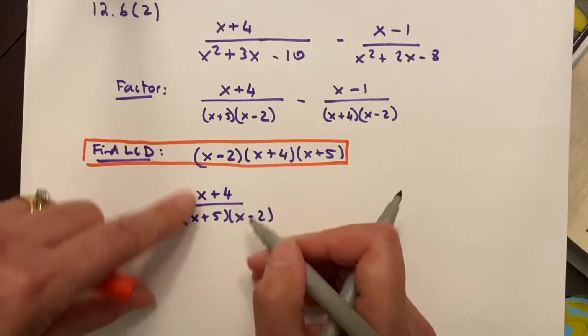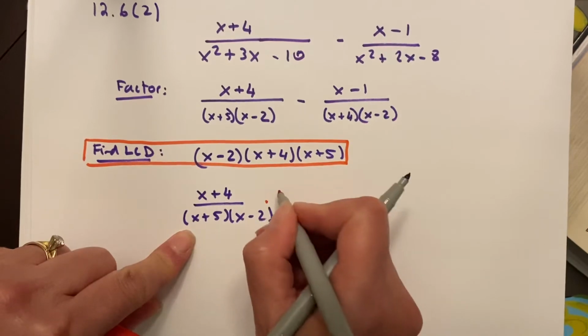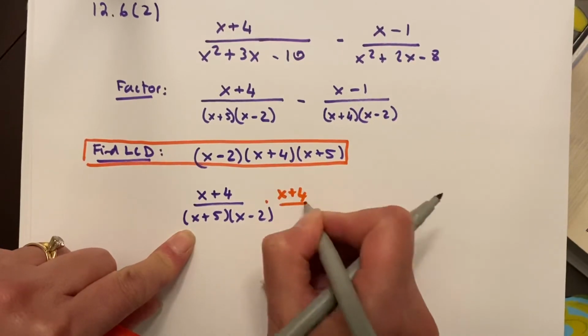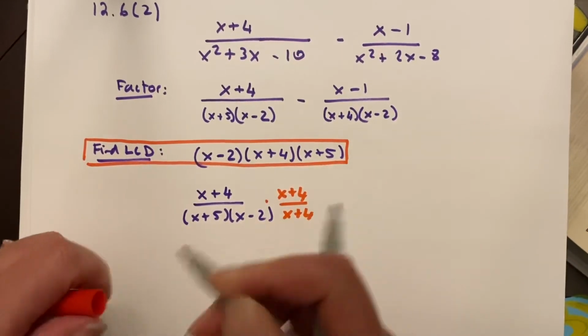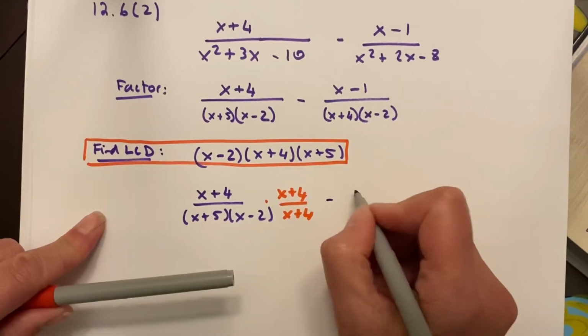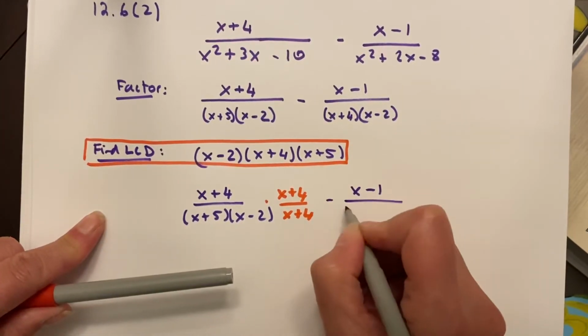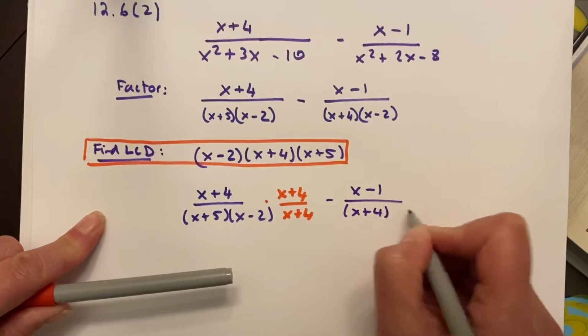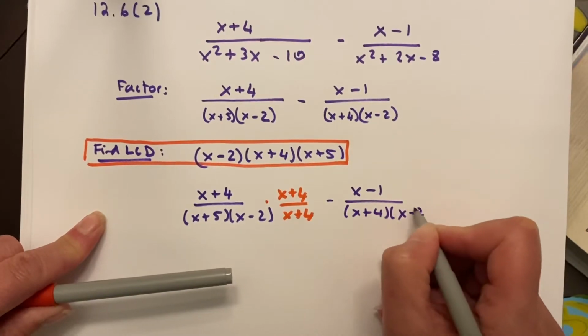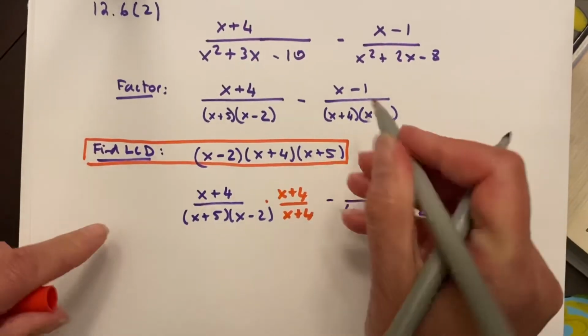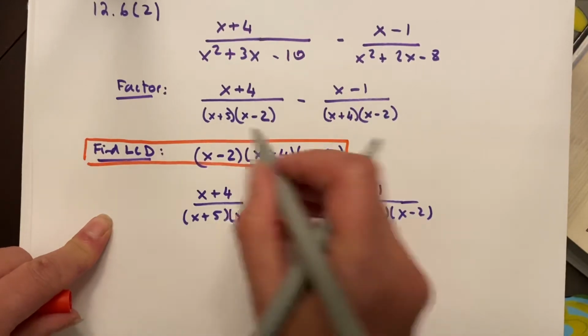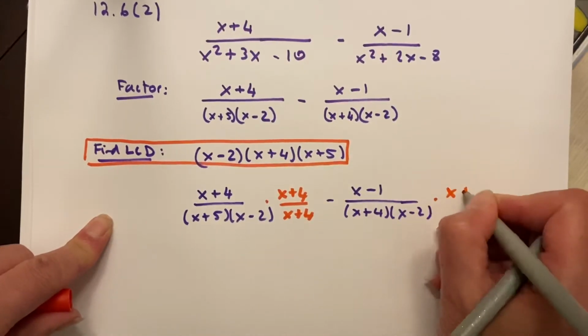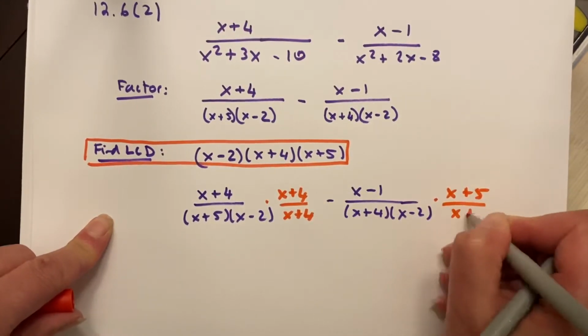I have the minus 2, I have the plus 5. I need to multiply top and bottom by x plus 4. And then here, I have x minus 1 over x plus 4, x minus 2. And the only one I'm missing is x plus 5. So I multiply top and bottom by x plus 5.